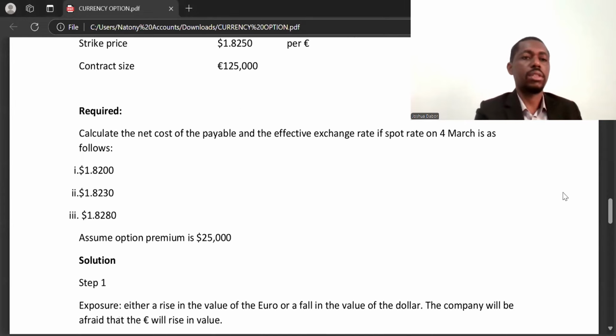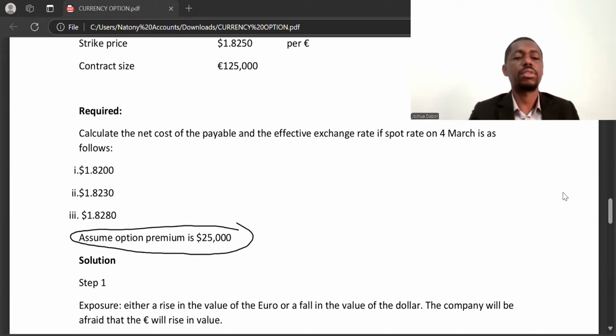In this question, it is assumed that the premium, to be paid upfront, is $25,000. So let's see what the solution will be.